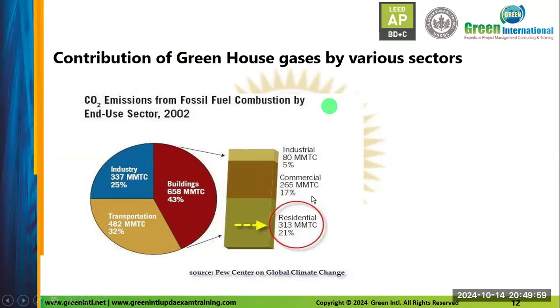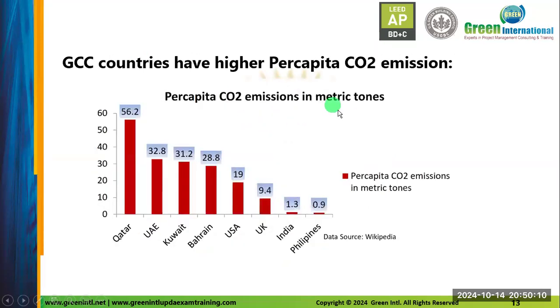greenhouse gas emission. In the energy chapter in LEED GA, we learned what greenhouse gas emission is. Here again in the energy chapter, we'll speak about greenhouse gases, that's coming soon. Per capita emission means per person. So if I say the highest per capita is in Qatar, it doesn't mean that Qatar is a big industrial country; I say per person CO2 emission.